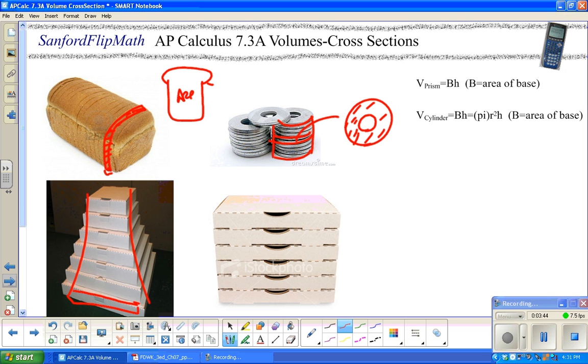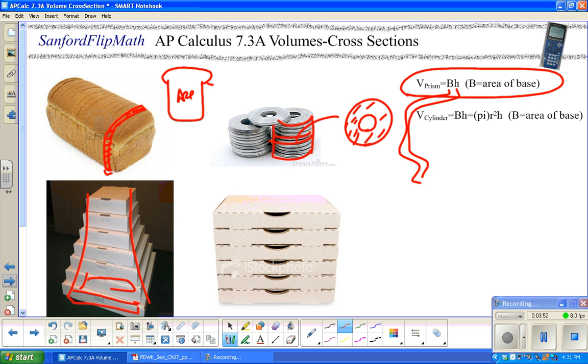If you had area times thickness, we keep going back to this idea of area of a base times the height, and for us that height is going to be the thickness, or dx. And same idea for a cylinder, the area of the base will come from pi r squared.